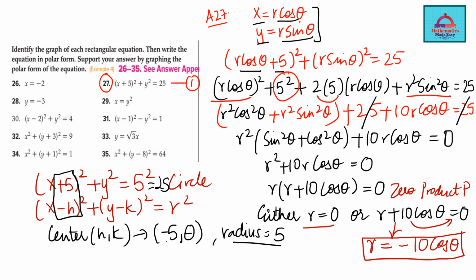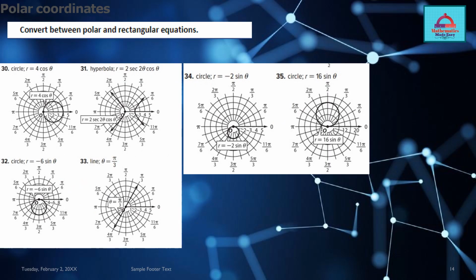Similarly, you may do the conversion of this parabola, you can do the conversion of the hyperbola, and accordingly you will be getting the following graphs. So these are the graphs for question 30 to question 35. Here you can see the circle is there, here the hyperbola is there, here the circle is there, here the line is there, here the circle is again there, and here also it is a circle.